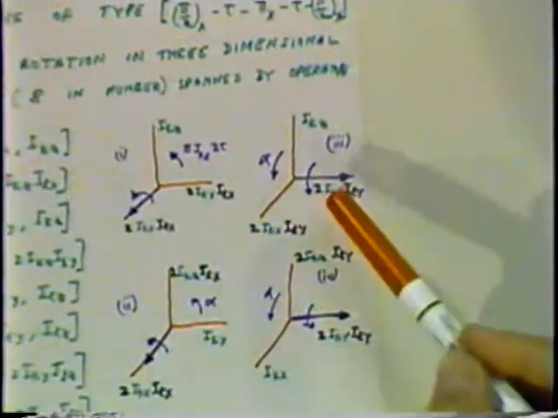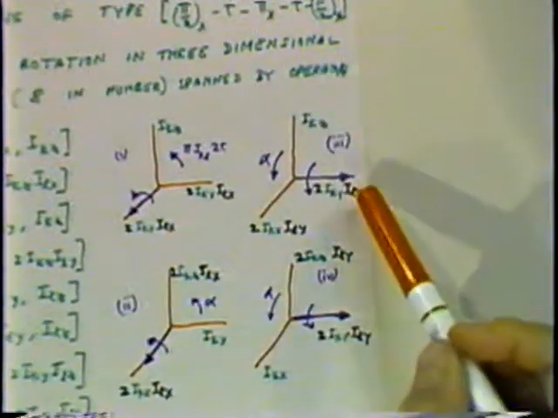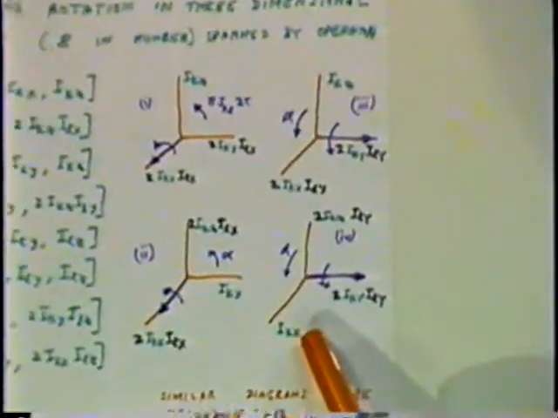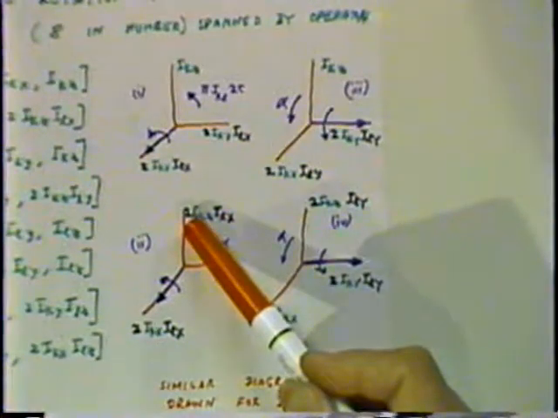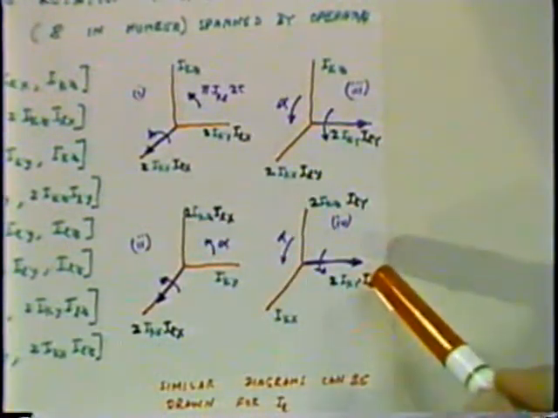Here I have IKX, IKY, IKZ, and I multiply by the Y operator of L spin, and this forms a subspace. Or I can multiply it to the x and z components, or with y to the y and z components, and these form subspaces. And similarly, one can do it for spin L.